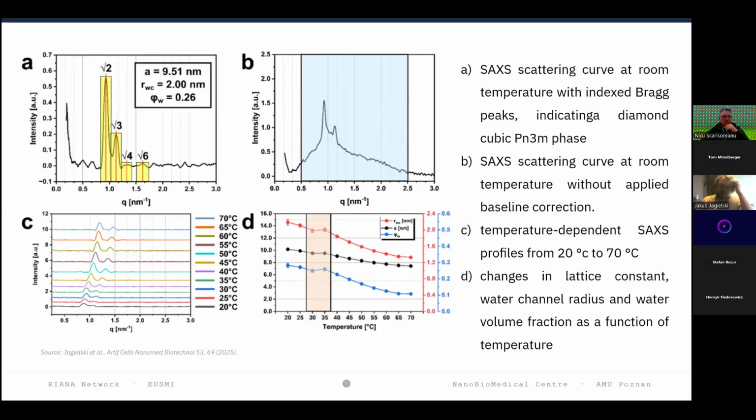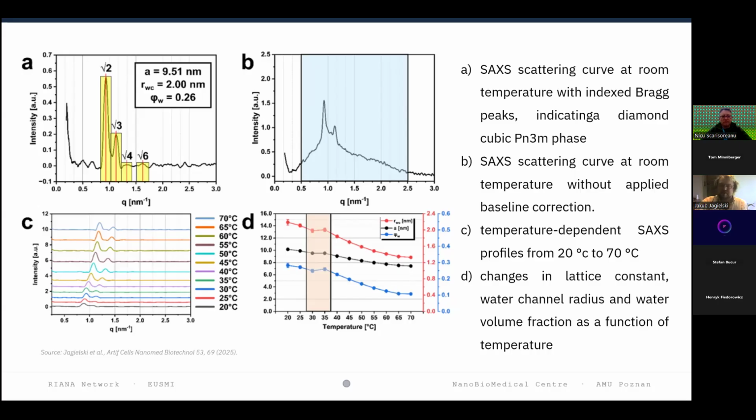Then we have the continuous cubic phases, which are most relevant for cubosomes, but also the most difficult to establish from the SAXS data, because we have gyroid cubic phases, double diamond cubic phases, and primitive cubic phases, each one with a specific fingerprint of peaks.